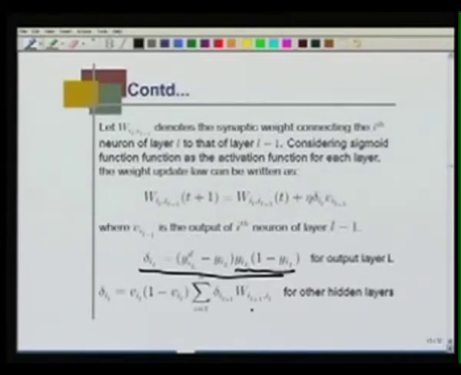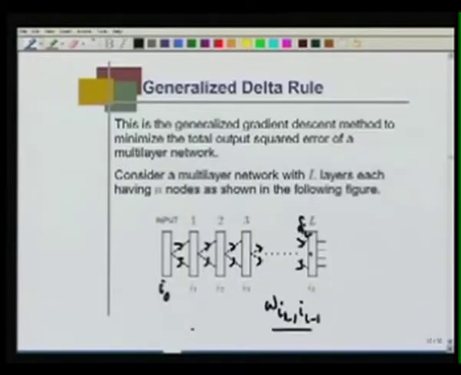We have made some changes here. Let W_i_L i_L-1 denote the synaptic weight connecting the ith neuron of layer L to that of layer L minus 1. So this L is any typical layer. Considering the sigmoidal function as the activation function for each layer, the weight update law can be written as, so this is for any layer. Okay, so this particular weight is the weight between any of these layers.